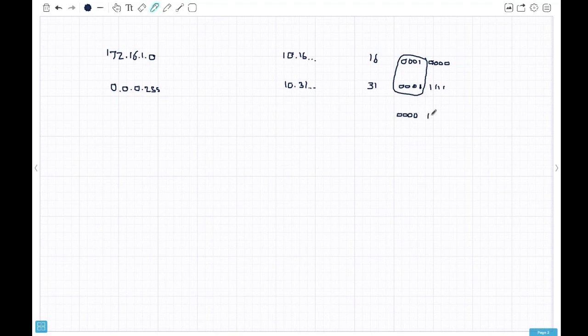And we ignore these last 4 bits. So now, by convention, we use the first one, zeroing out the bits we ignore. We'd say 10.16.0.0, and the mask would be 0.15.255.255, since 1111 is 15.